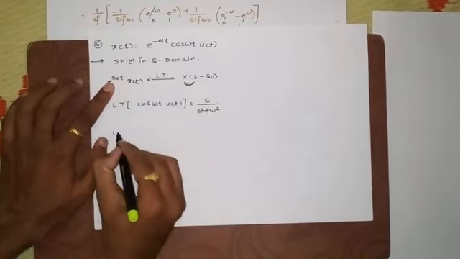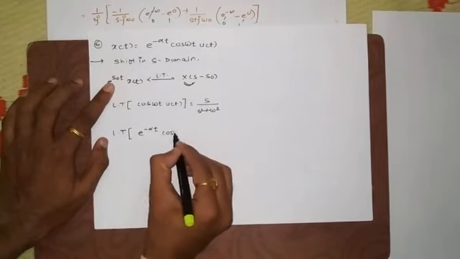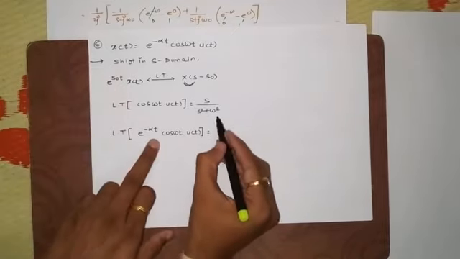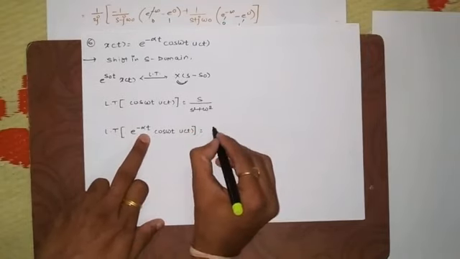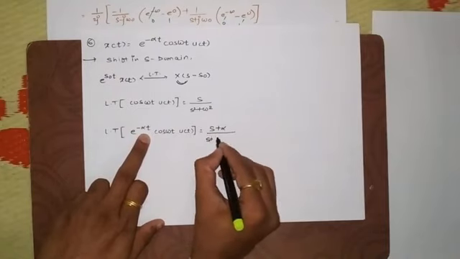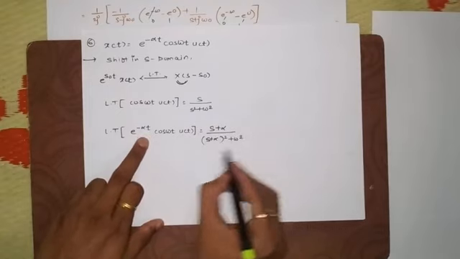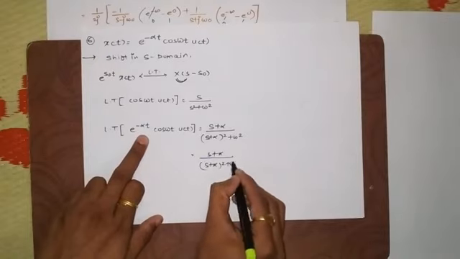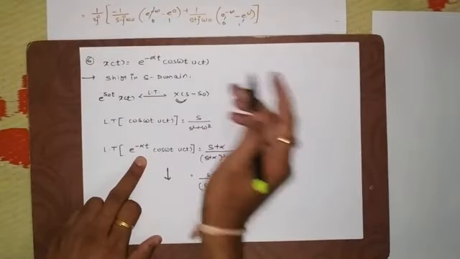So we can write Laplace of e raised to minus alpha t cos omega t into u of t should be equal to, wherever we find s, replace it by that delay, so it becomes s plus alpha divided by s plus alpha whole square plus omega square. So this is the Laplace transform of e raised to minus alpha t cos omega t into u of t.